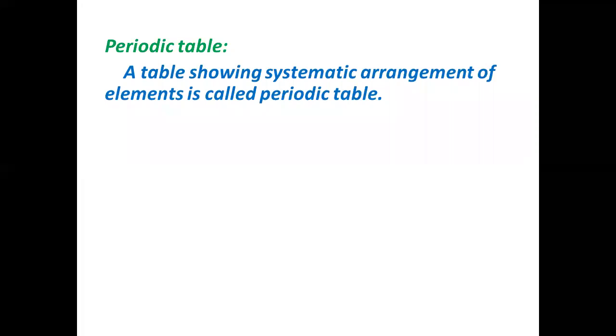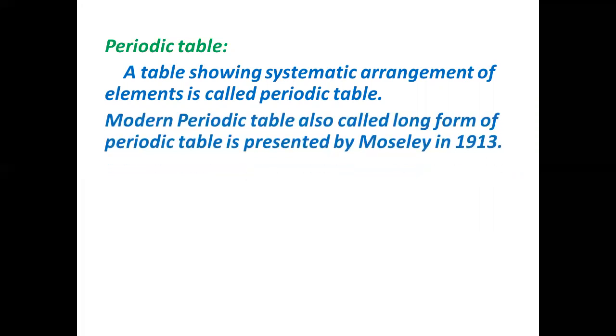What is periodic table? A table showing systematic arrangement of elements is called periodic table. The elements are arranged in a proper system, so that systematic arrangement of elements is called periodic table.